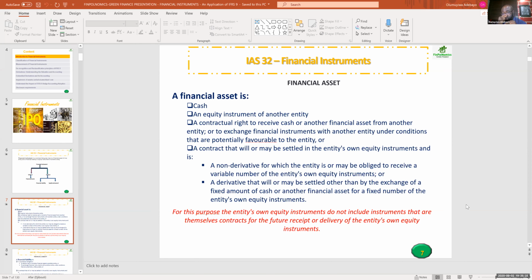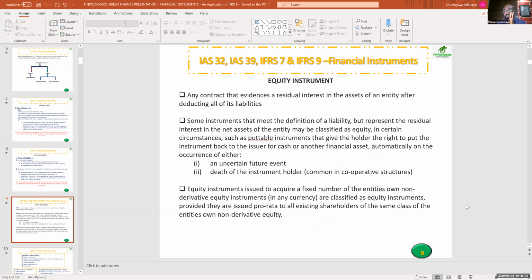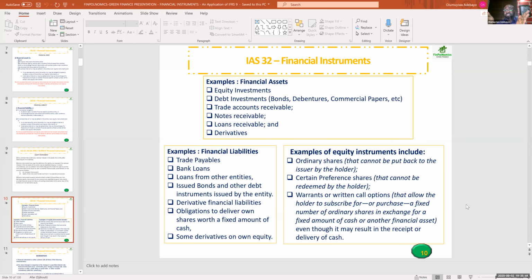These are the categories of financial assets by the definition under IAS 32. As we move on, we'll look at examples of such financial assets. Let me quickly show you some. Whenever you invest in the equity of another entity, you have created a financial asset. Whenever you invest in debt securities of another entity, such as commercial papers, debentures, or bonds, you have created financial assets.